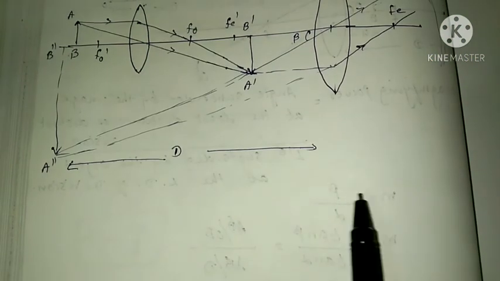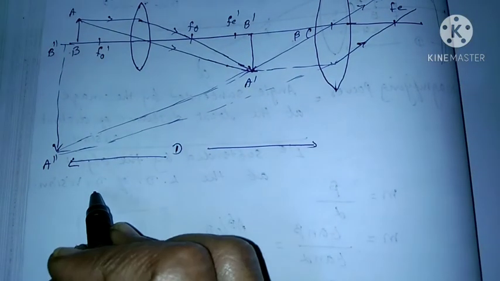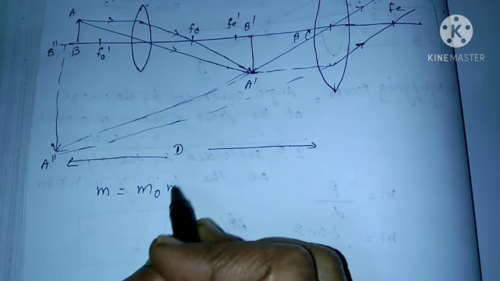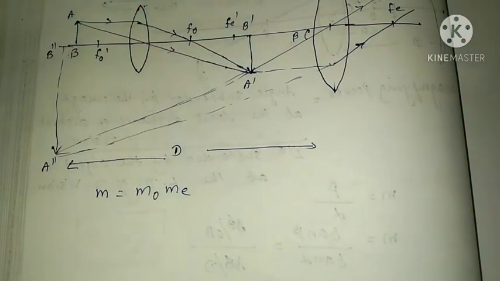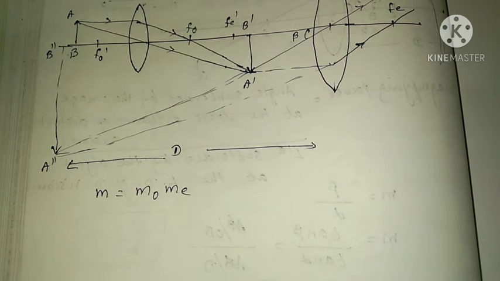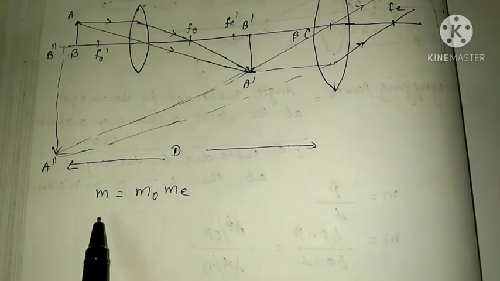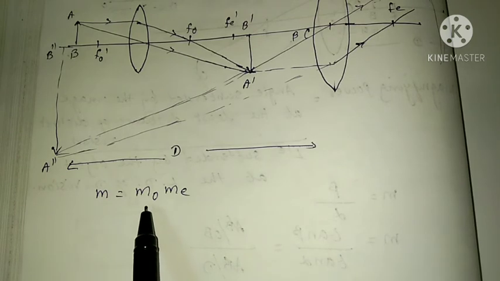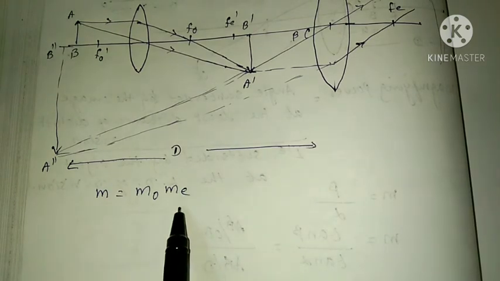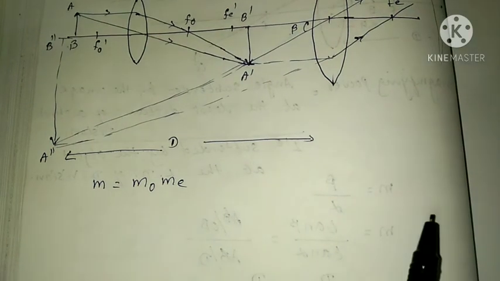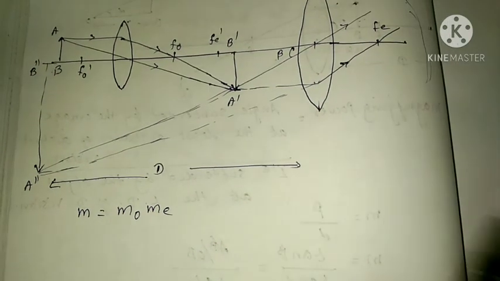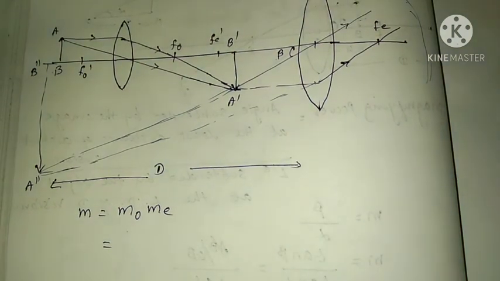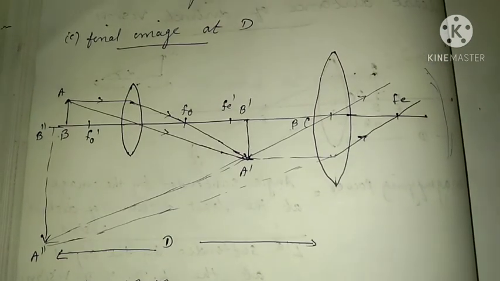So what is the magnification of the compound microscope? We can write it is the total magnification of the objective and the eyepiece. Clear? So here the eyepiece acts as a simple microscope. So the magnification of the compound microscope is the product of the magnification of the objective and the magnification of the eyepiece. So from the figure, what is the magnification of the objective? We can write it is the image distance of the objective by the object distance.